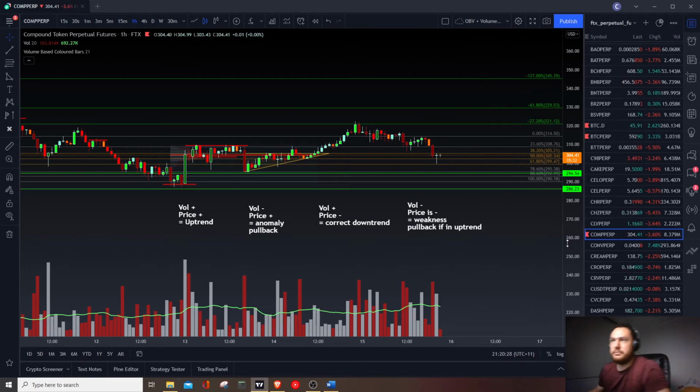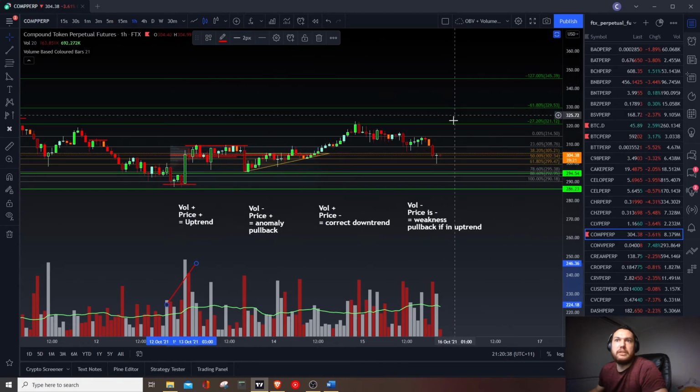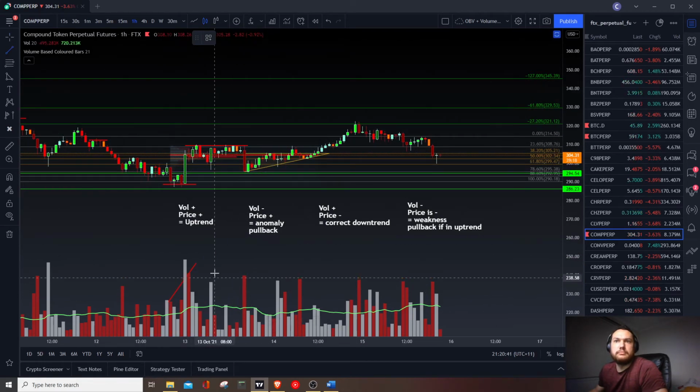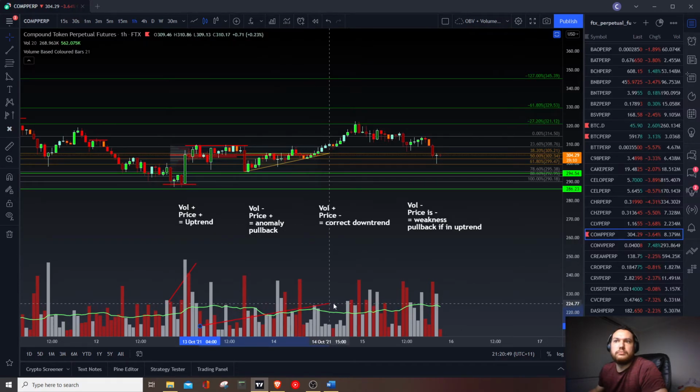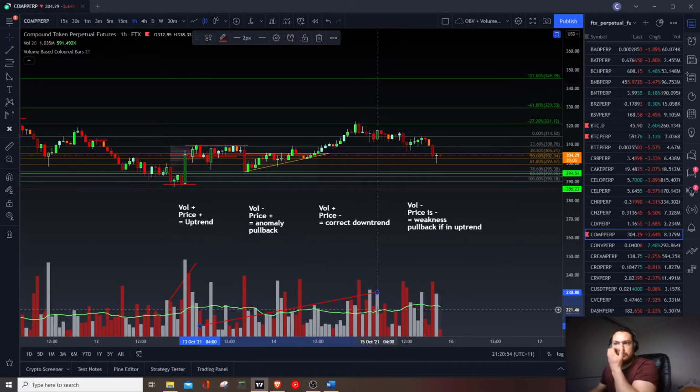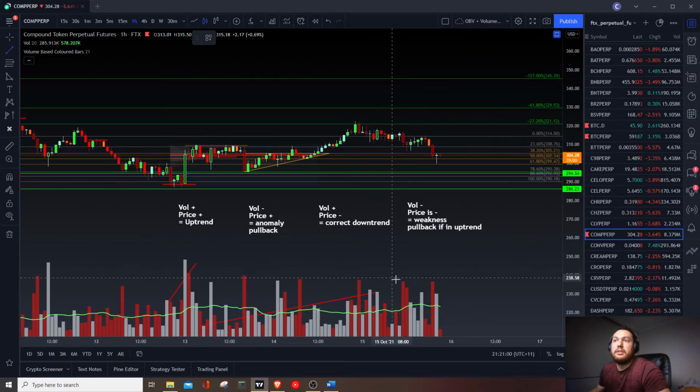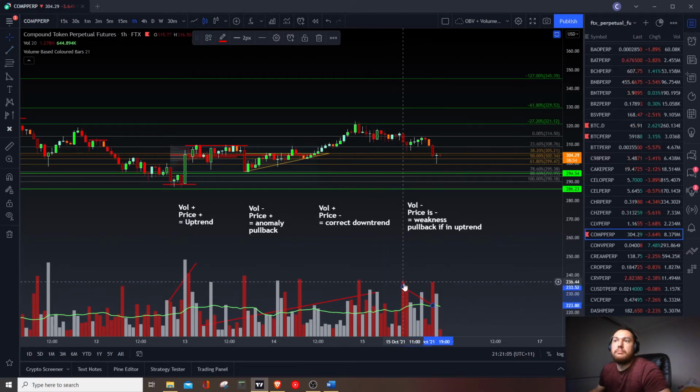Maybe I'll do a little table, put it like that. So volume ascending, price moving up. Okay, and volume ascending and price moving down. Bang bang.